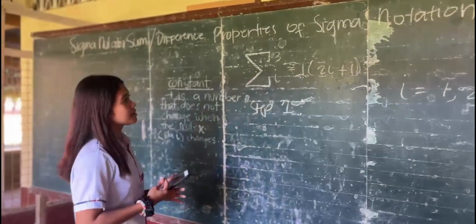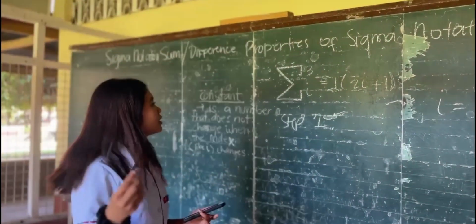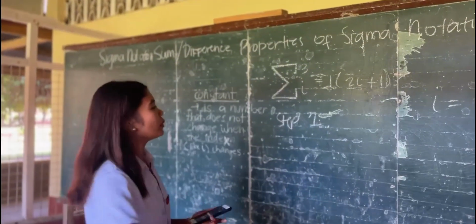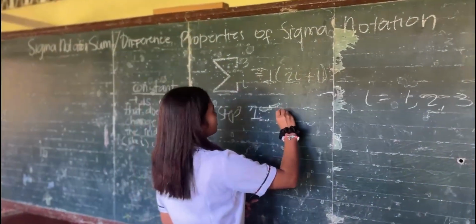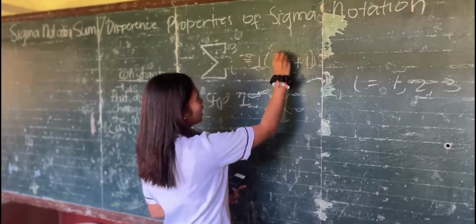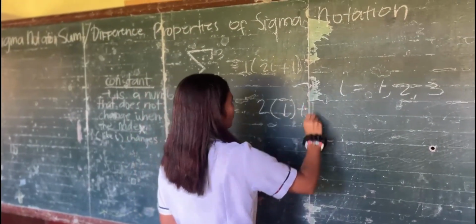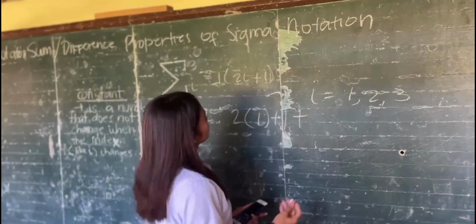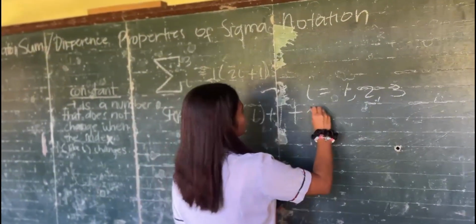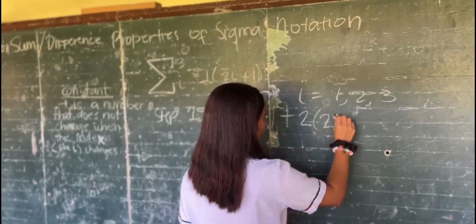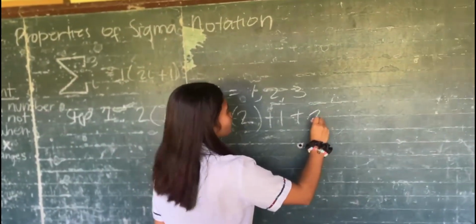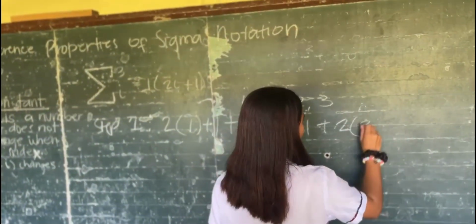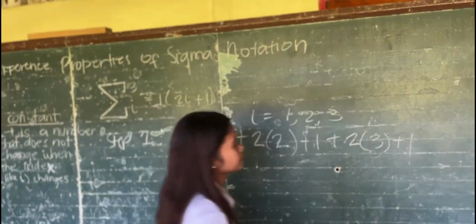So step 1, we will plug in numbers one by one. So we change the i into 1: 2 times 1 plus 1. We will continue distributing. So 2 times 2 plus 1, and 2 times 3 plus 1.